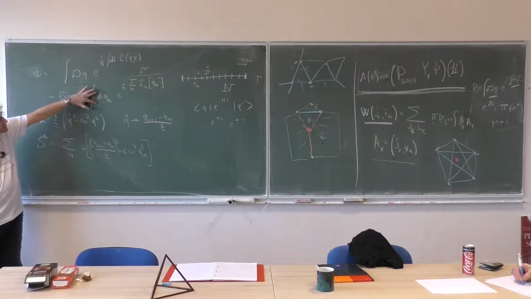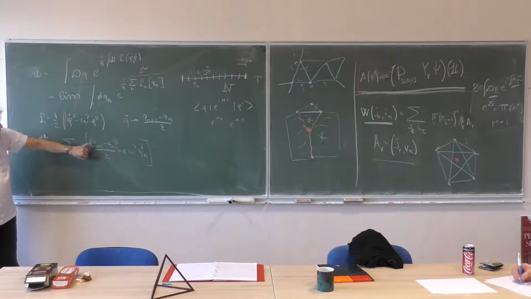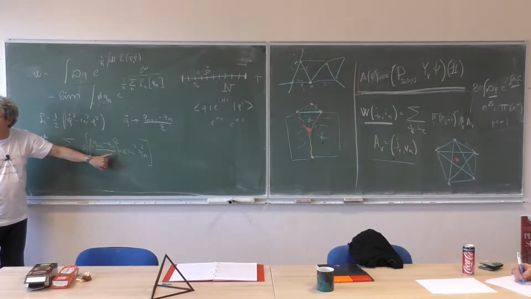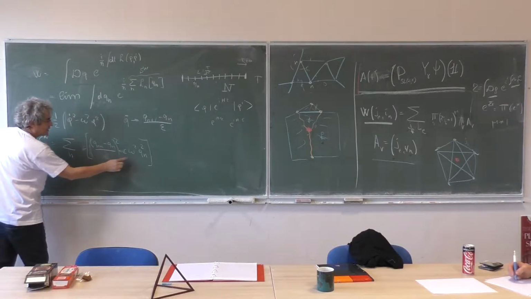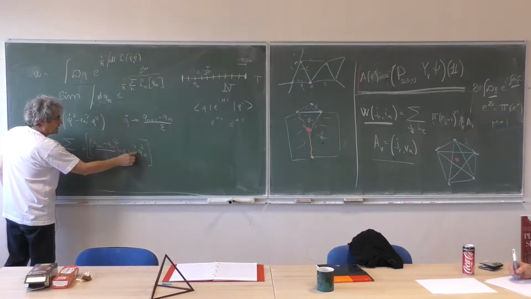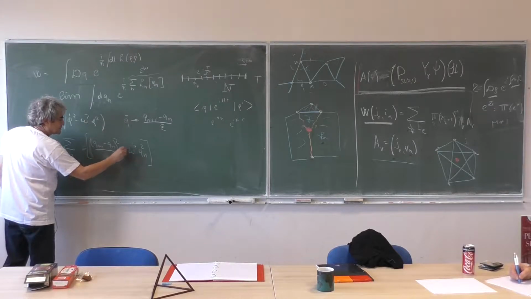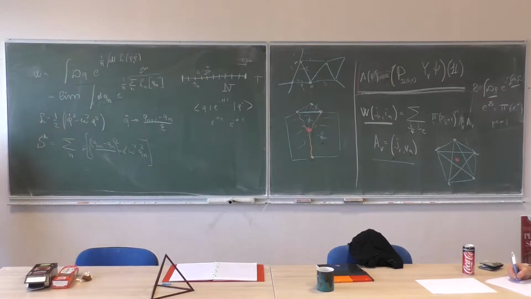Let me put this square only upstairs. So there's an epsilon squared here and I have an epsilon here. This is an integration over qn, so I can change variable. I have a q tilde, which is this times the square root of that. So I just change my integration variables, I take this away, and I get a square root upstairs, but there are two of them here, so I get an epsilon squared there upstairs, if I'm not wrong.